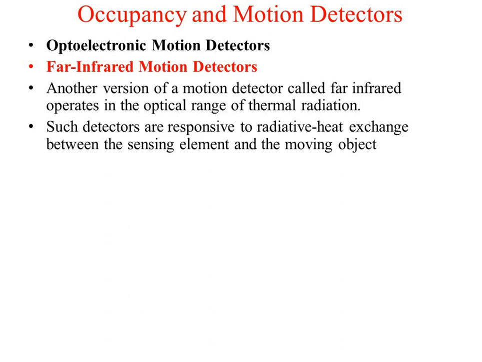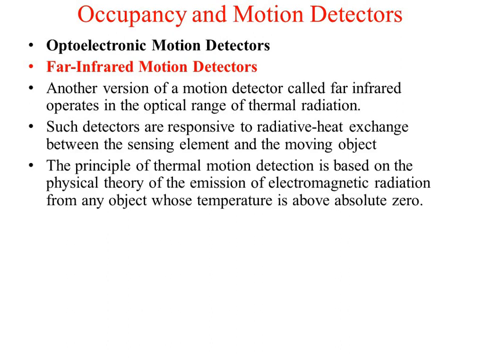Specifically, living beings have much more heat in their body, so we can easily detect such responses. Now the principle of this thermal motion detector is based on the physical theory of emission of electromagnetic radiation from any object whose temperature is above absolute zero.